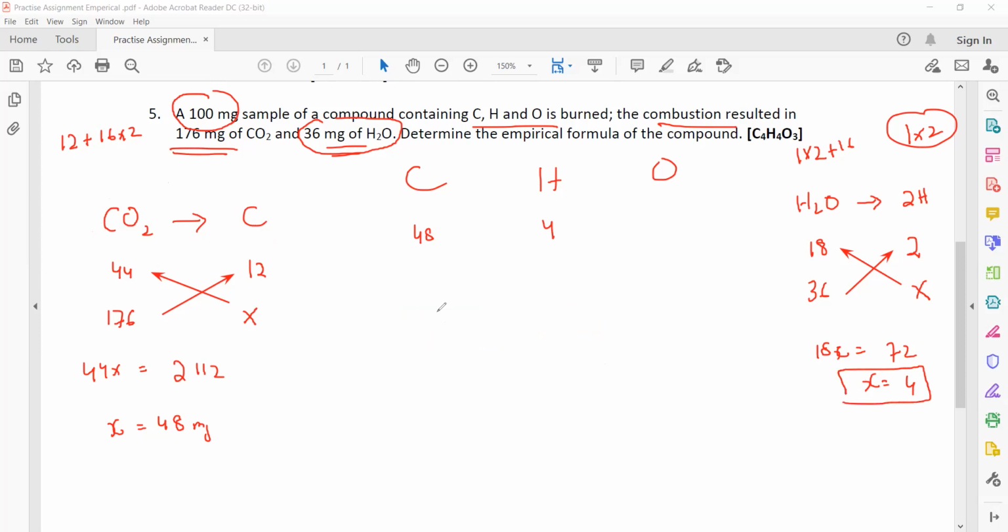Why did I write 2 here? Because we are using water, H2O. In water, how many hydrogen atoms are there? When you check, water contains 2 hydrogen atoms.